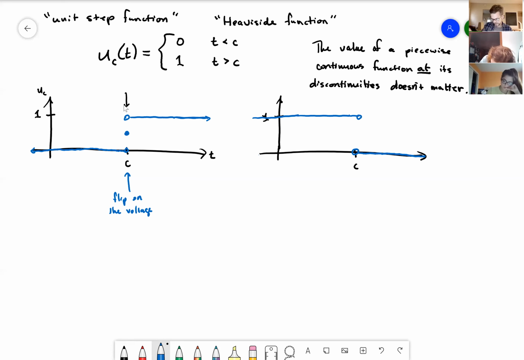The force is initially a certain value and then it goes to zero. So this is modeling flipping the switch off. We can think of this going all the way back in time, all the way up to C, this is equal to 1. And then when we hit the time C, we're going to subtract away 1 from it.